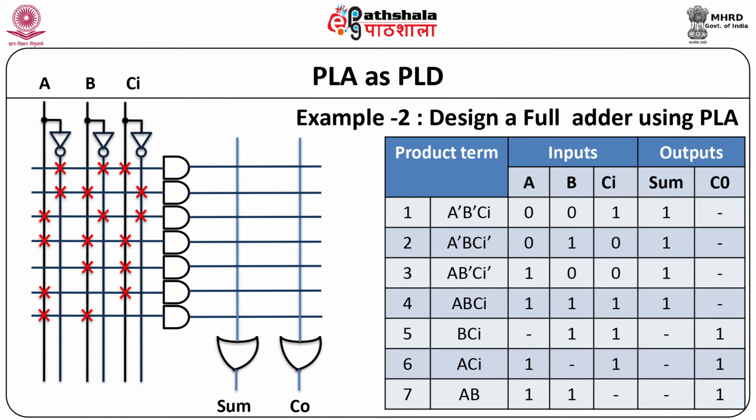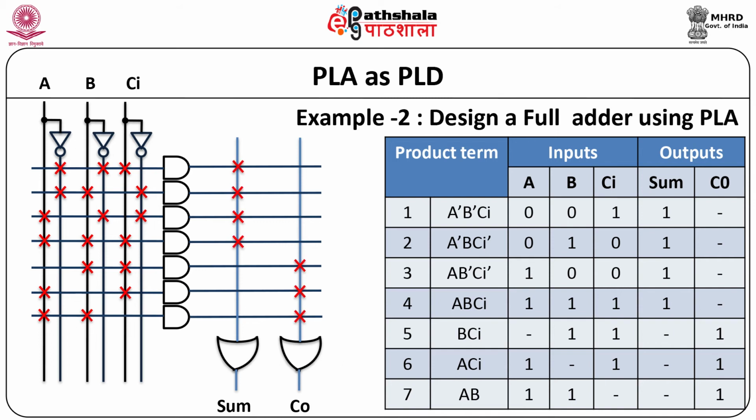Let us program AND matrix. Crosslinks are on complemented and uncomplemented form of A, B, Ci inputs to generate the product terms. Crosslinks for all 7 terms are placed corresponding to their respective inputs.